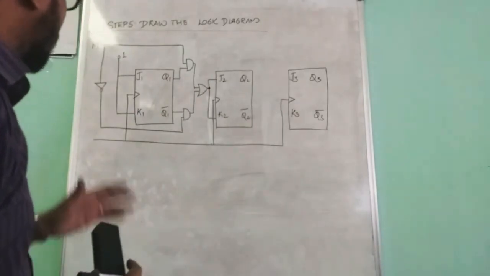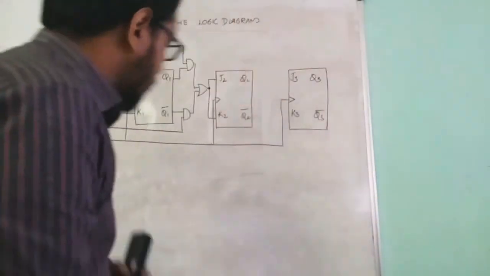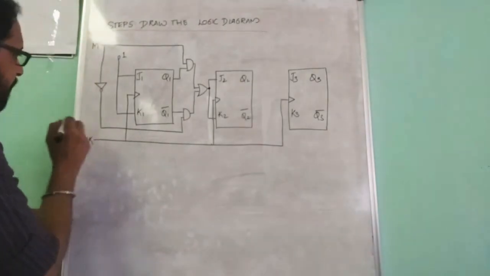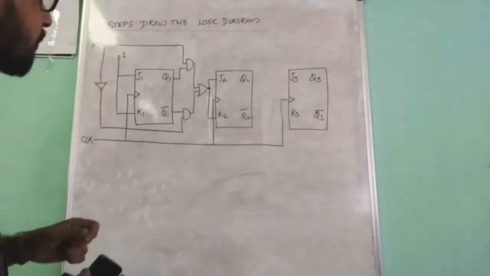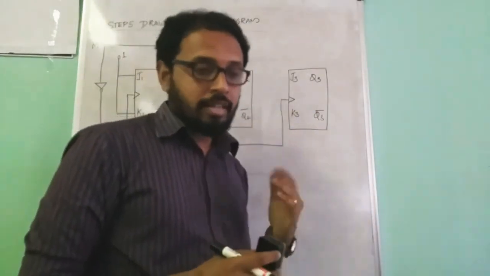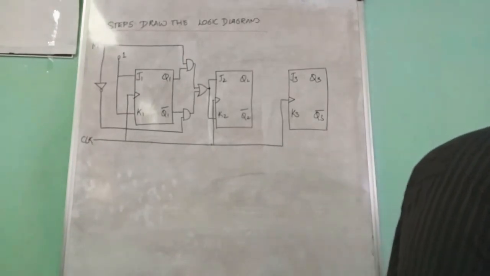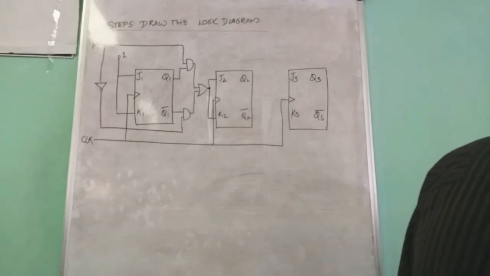And we need to draw the clock here. CLK. Okay, M is there, J2 is there, and what about J3 and K3? J3 is, let me check, Q2 bar Q1 bar M bar plus Q2 Q1 M, right?